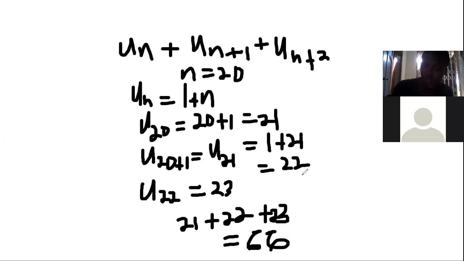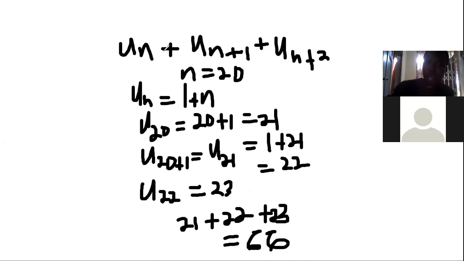That's the formula. So we are going to get 22. Then we come to the next one, which is U n plus 2. The n here is 20 plus 2, which gives us 22. So U22 will be 22 plus 1. That will give us 23.